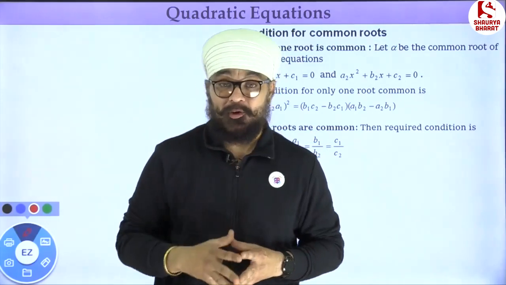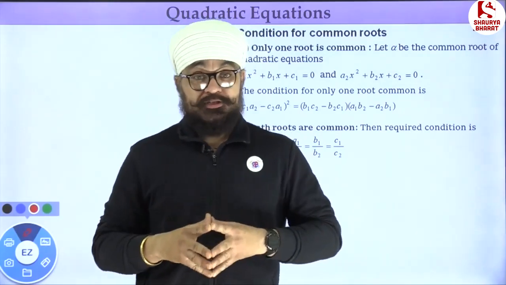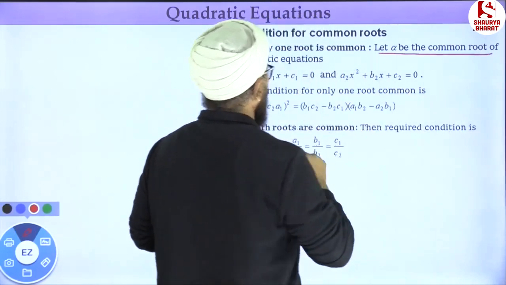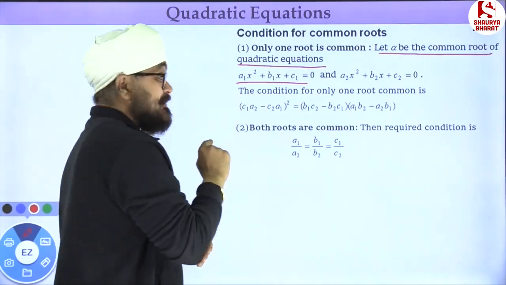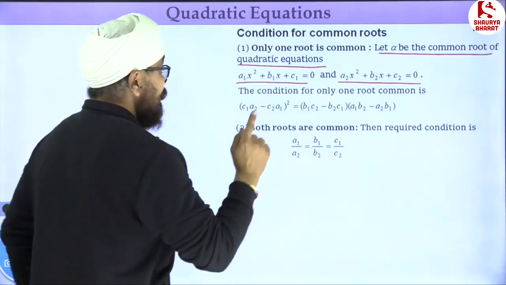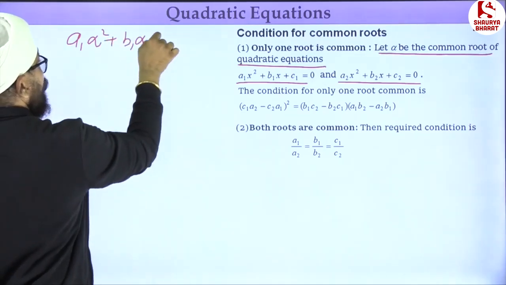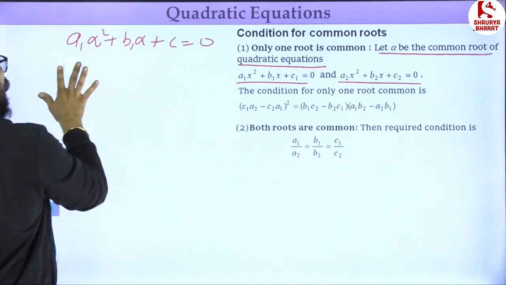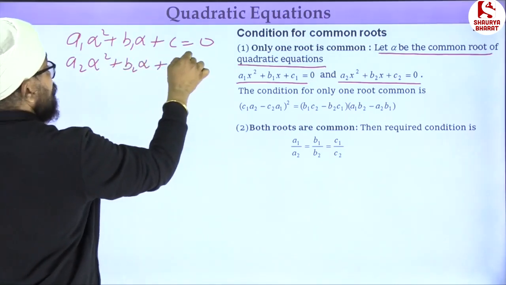Now let's take one more important part of quadratic equations, which is the condition for common roots. Say alpha is a common root of the quadratic equations a1 x square plus b1 x plus c1 and a2 x square plus b2 x plus c2, which means alpha will satisfy both. So a1 alpha square plus b1 alpha plus c1 is equal to 0, and a2 alpha square plus b2 alpha plus c2 is equal to 0.